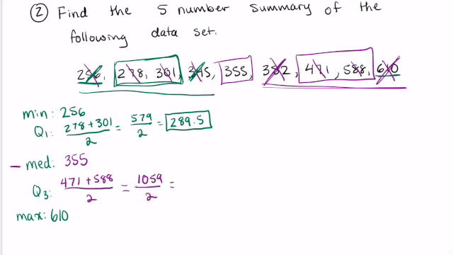And ultimately, that's going to give me a Q3 value of 529.5. And that's it. That's my 5-number summary. So again, what I want to do is make sure that my numbers are in order from least to greatest. I want to find my minimum, find my maximum. Then I'm going to find my median, and then we can find our Q1 and Q3 values.